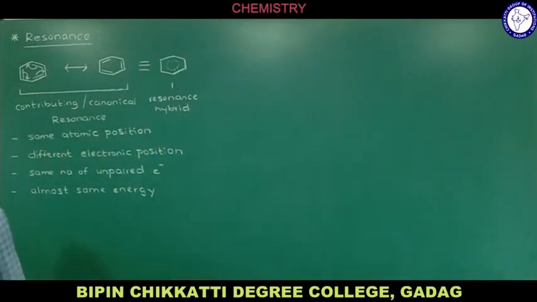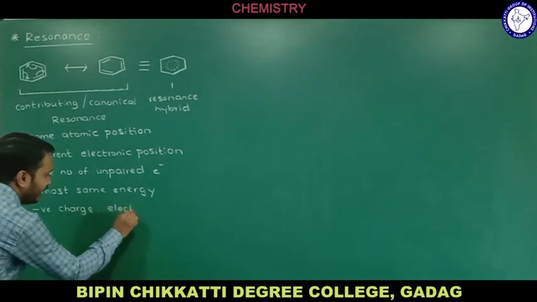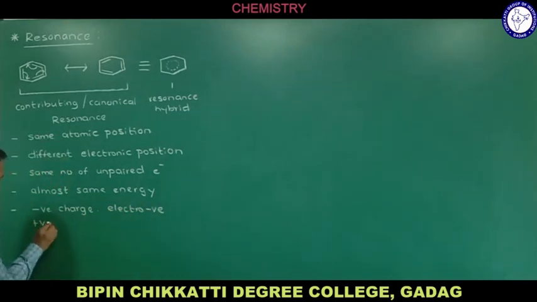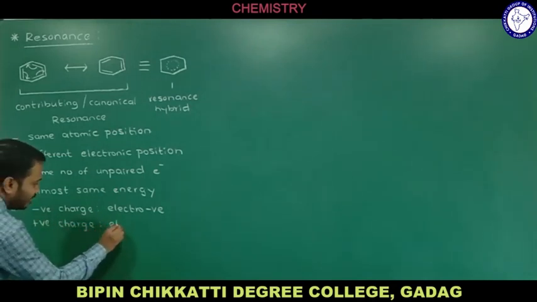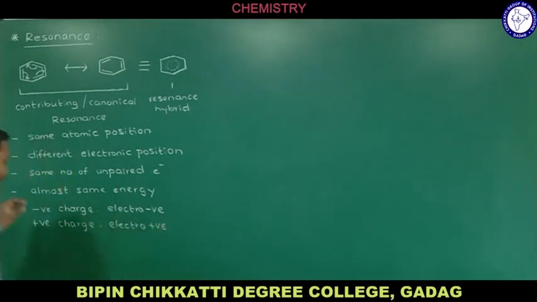Next, negative charge should reside over an electronegative element, whereas the positive charge should reside over an electropositive element. So try to know this concept.